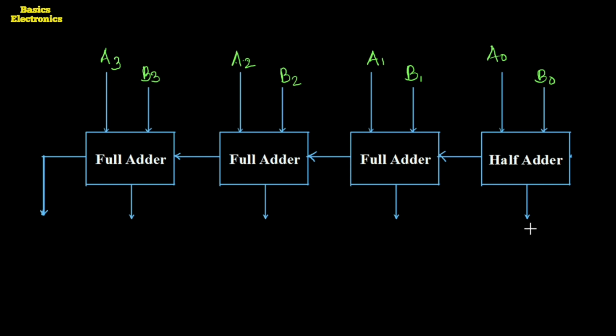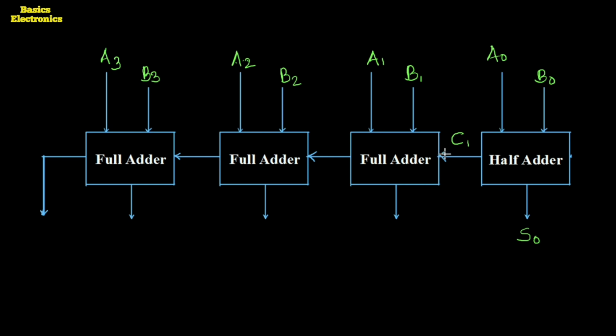It produces the output as sum S0 and the carry C1. I am using C1 instead of C0 because I like to maintain it the same for the next circuit also. So the half adder performs the addition of the LS bit column, whose bits are A0 and B0. It produces the output, that output is the sum S0.